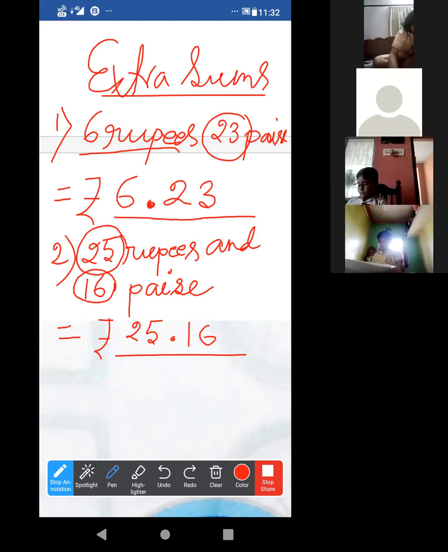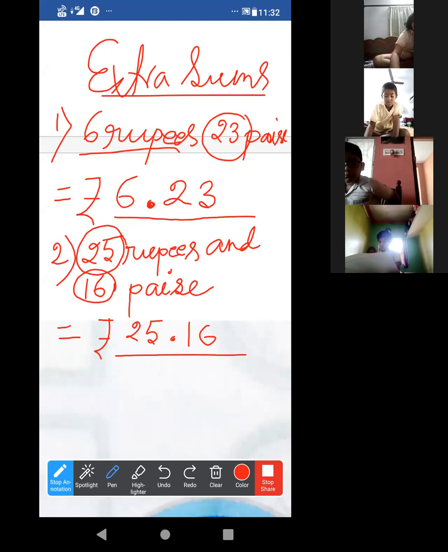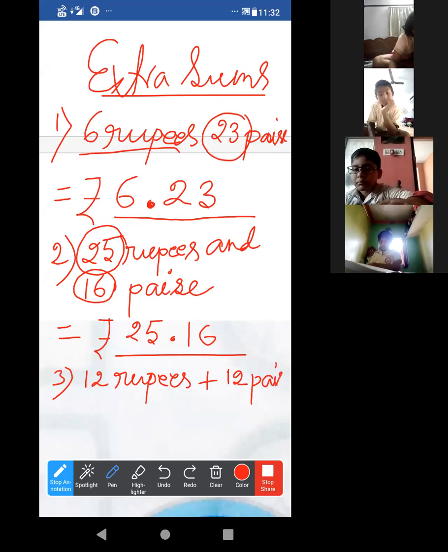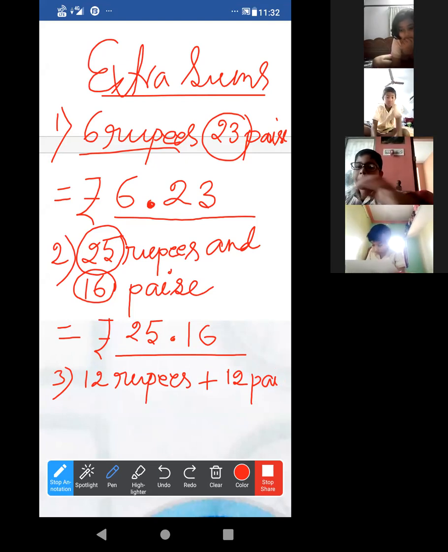Wait a minute, yes, show me your copy. Ishan, Mohammad Riaz, got it? Okay, good beta. Now the third one. Just a minute. 12 rupees. Acha, in place of and, I am putting plus. 12 paise. Same thing. Don't make any mistake. Look at this. Just wait for a minute. Let me write paise properly.